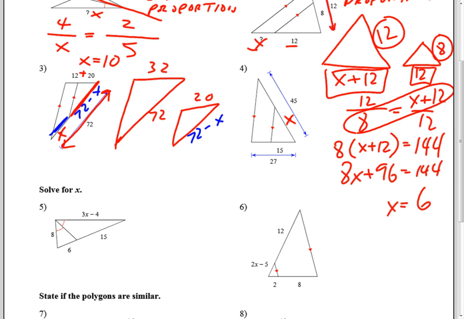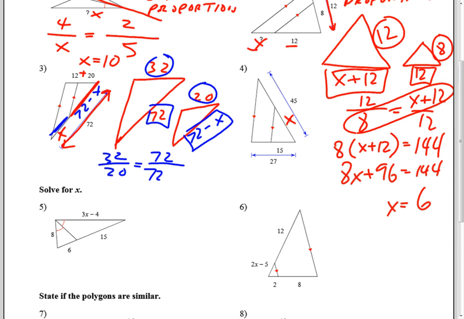Can you see now what you're corresponding? You're corresponding 32 with 20. You are corresponding 72 with this. If you do the cross multiplication and work for that, you will get 27.